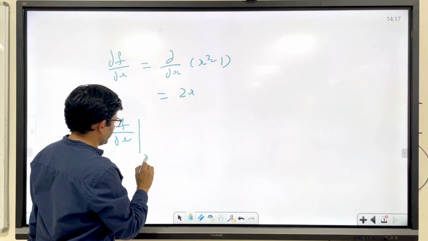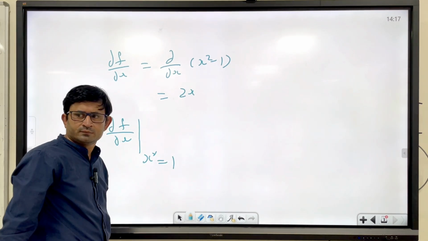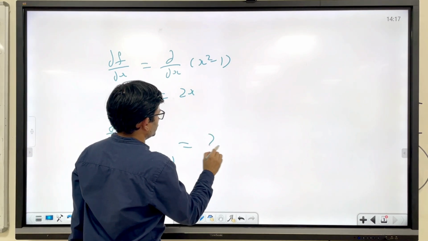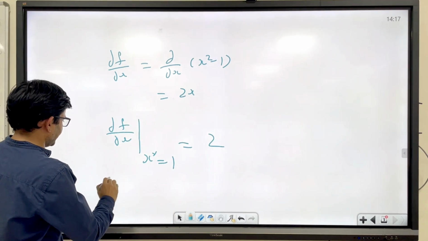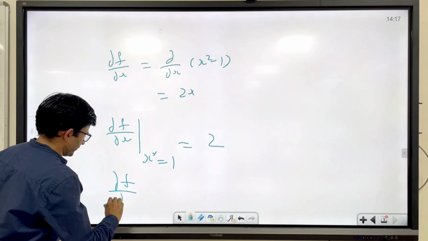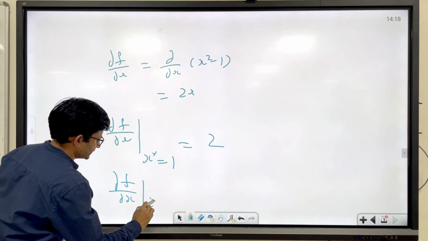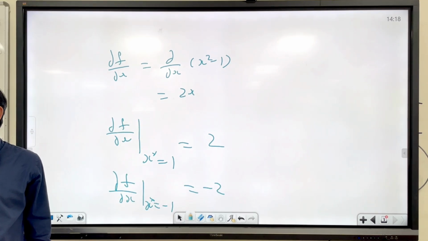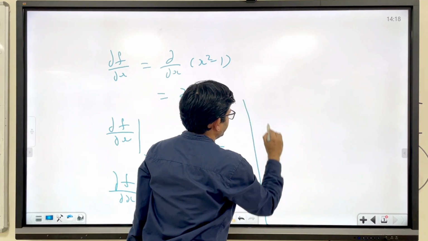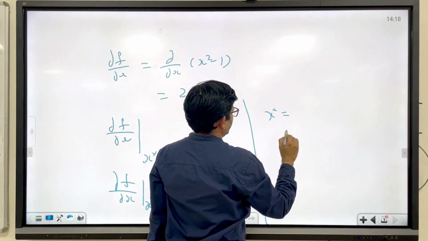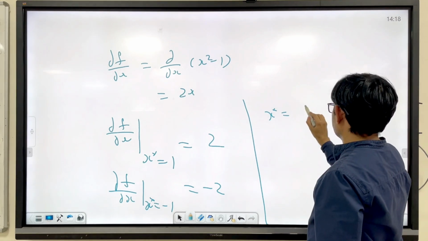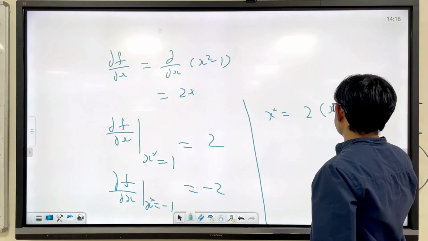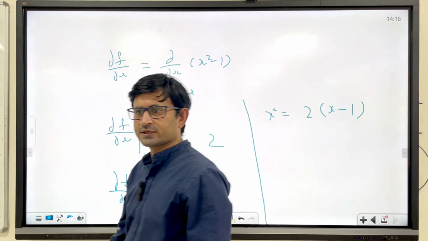So we will evaluate first x star equal to 1. So that means it is 2. And in the second case, dou f by dou x at x star equal to minus 1, that will be minus 2. So our system will be what? x dot equal to, first we will take this side, 2 into x minus x trim, this system, right?